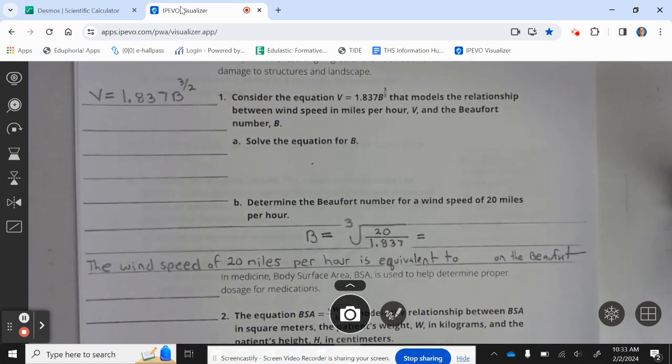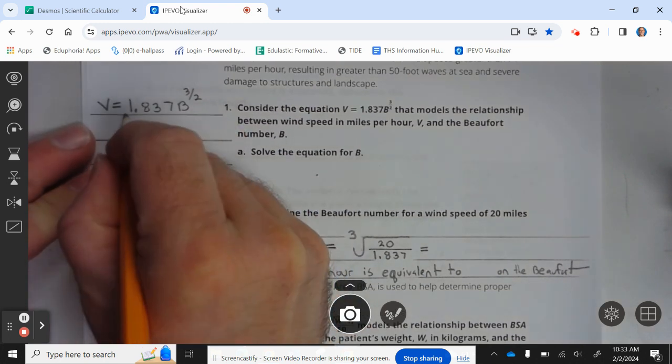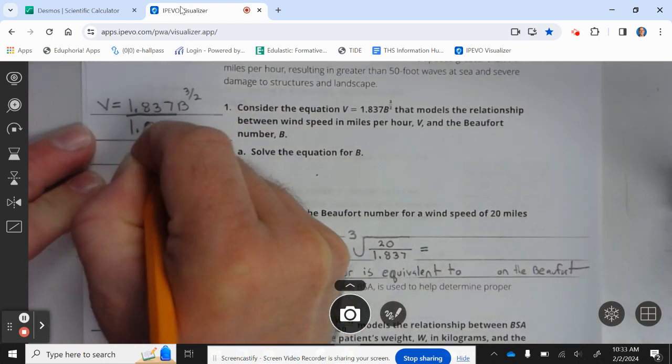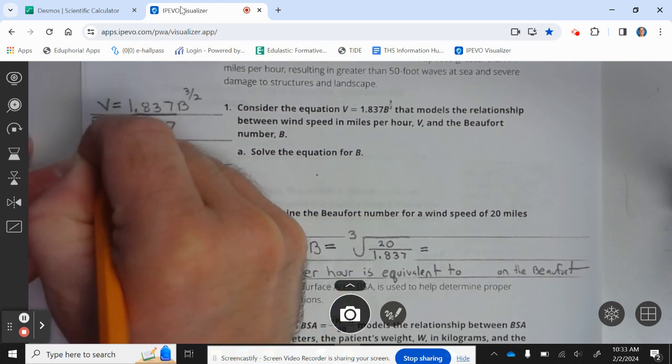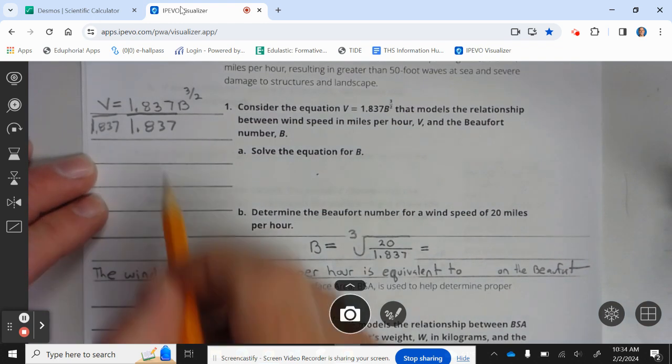Number 1. Consider the equation v equals 1.837 b to the 3 over 2 that models the relationship between wind speed in miles per hour v and the Beaufort number b. Solve the equation for b. Okay, so to do that, first step is we're going to divide both sides by 1.837. This divides and becomes 1.